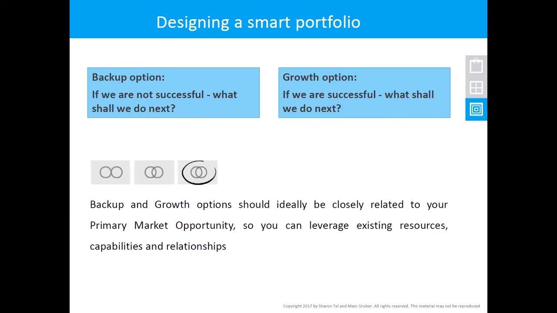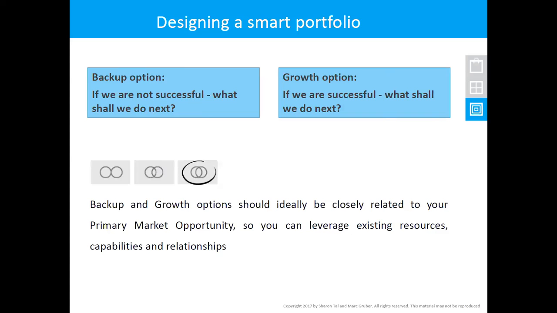Now, keep in mind that backup and growth options should be as synergetic as possible to your primary market. If they are closely related, you can leverage the resources, the capabilities, the relationships that you're building for one market and be successful in another one.